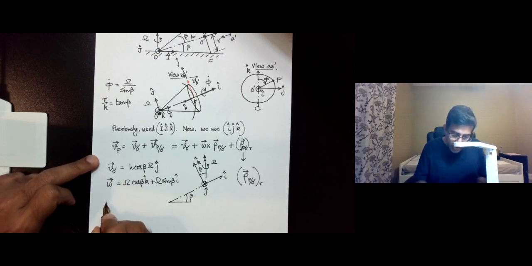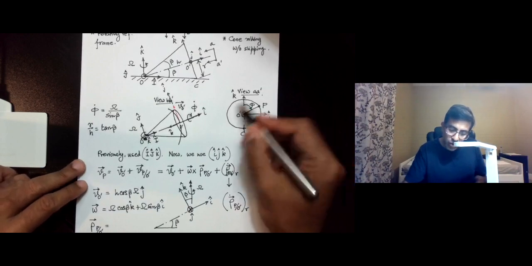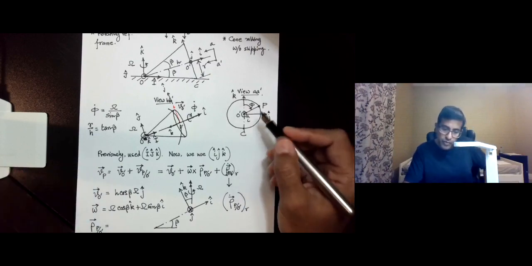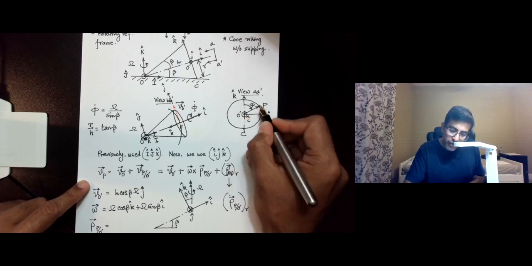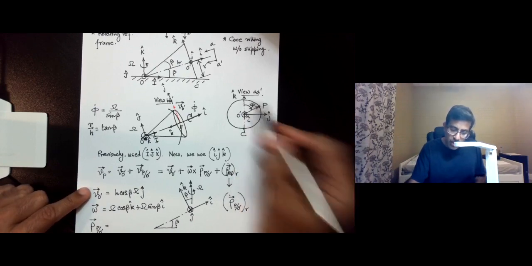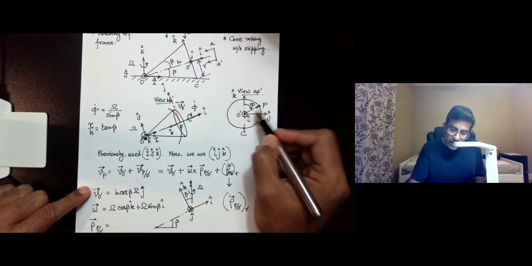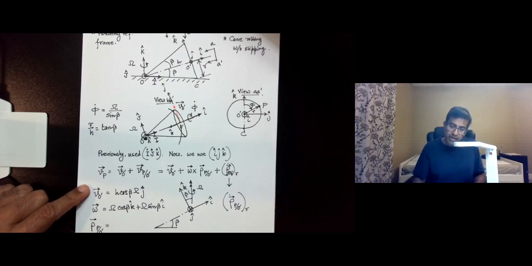Now let's then figure out rho P with respect to O prime. So this vector is understood if you now go to this view, and so P with respect to O prime is a vector going from O prime to P, and here are our i, j and k coordinate frame, and of course the distance of P from O prime is r because of the radius.